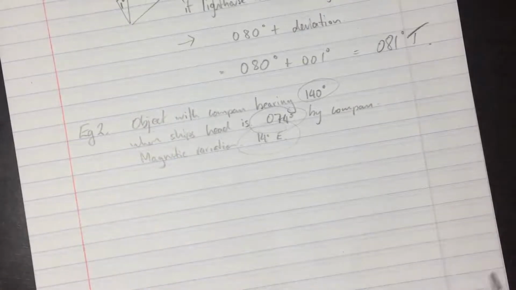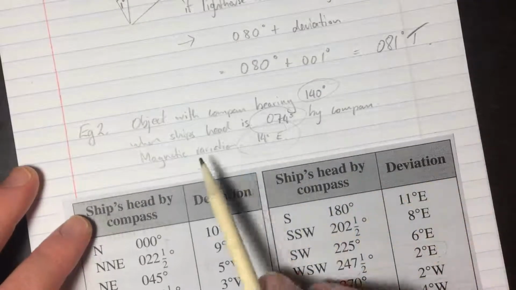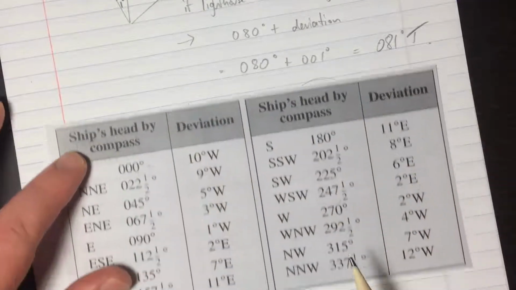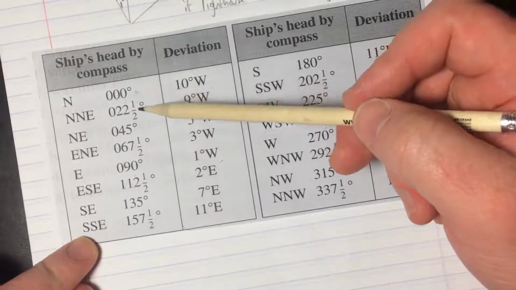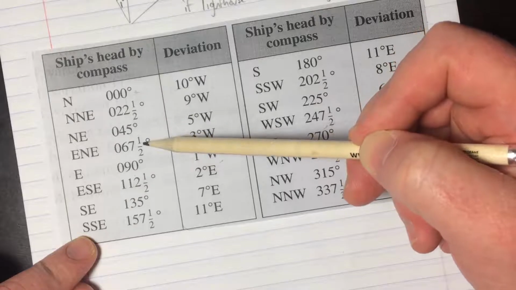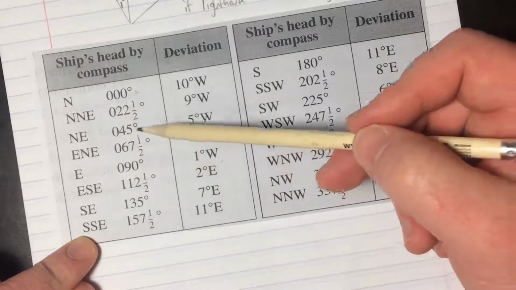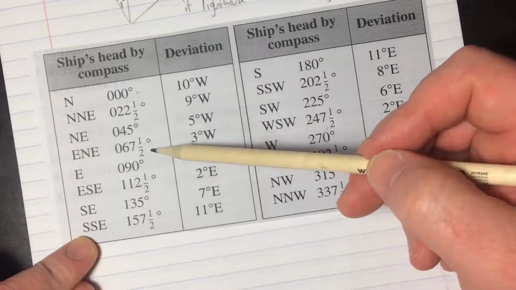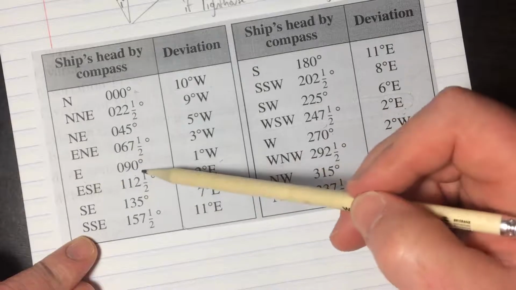So the first thing that we'll do is we'll look at our deviation table, and we'll see when the ship's head is at 74 degrees what the deviation is. Now we're going to look through here. 74 degrees is 6.5 degrees outside of east northeast, but it's actually 13.5 degrees away from east.